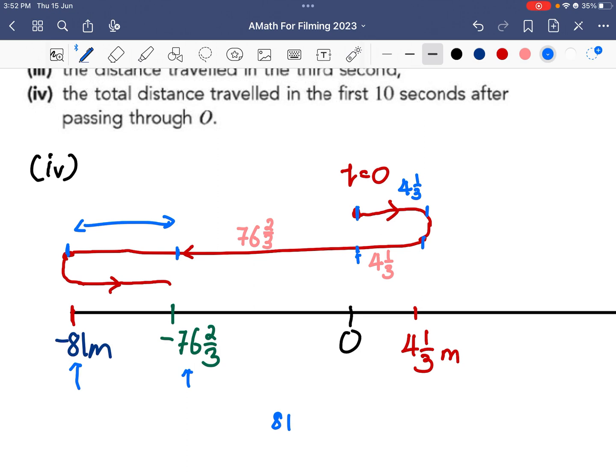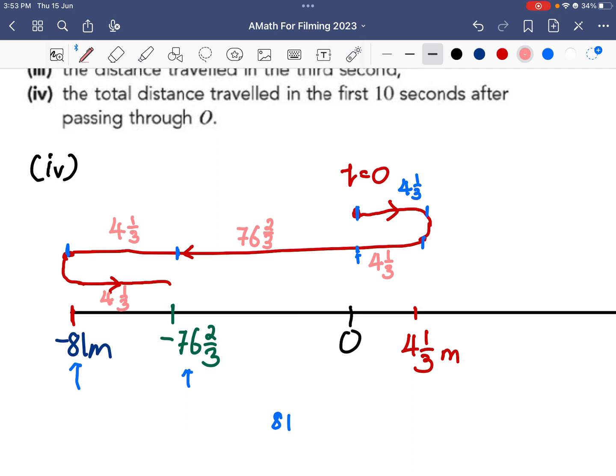Okay, so I get 81 minus 76 and 2/3. I get 4 and 1/3. So this distance that I have outlined over there for you, here is 4 and 1/3. Then this distance here, again, will be 4 and 1/3.